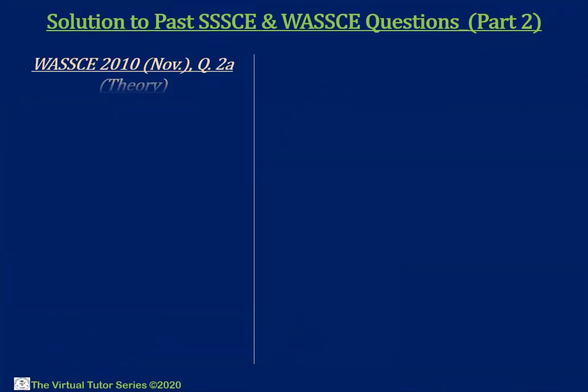Theory question 2A of 2010 WASSCE NOVDEC. Factorize x squared plus 4x plus 3 plus mx plus 3m. Solution.